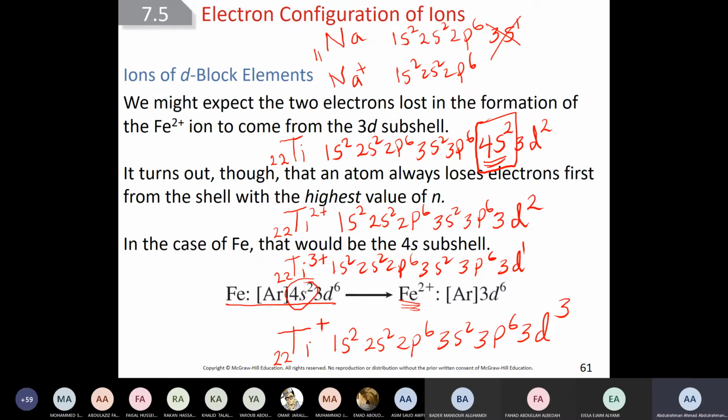What's the electron structure for Fe 3+? Argon, and then 3d7. Exactly. Is this clear? Good. I hope so.